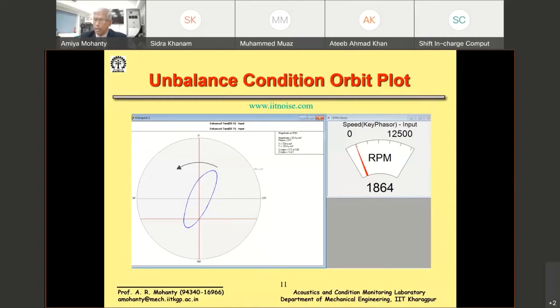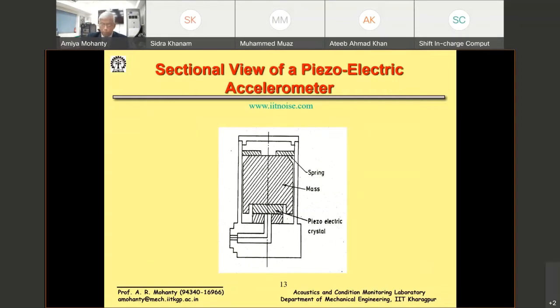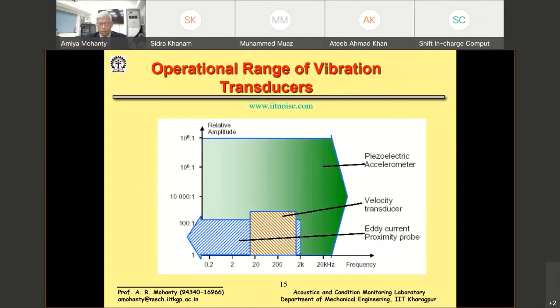You know that this is a problem with the shaft. So what I'm going to say is that today the technology is such that we have piezoelectric accelerometers, and then we have the orbit analysis. But another technique, I'll come to that later.